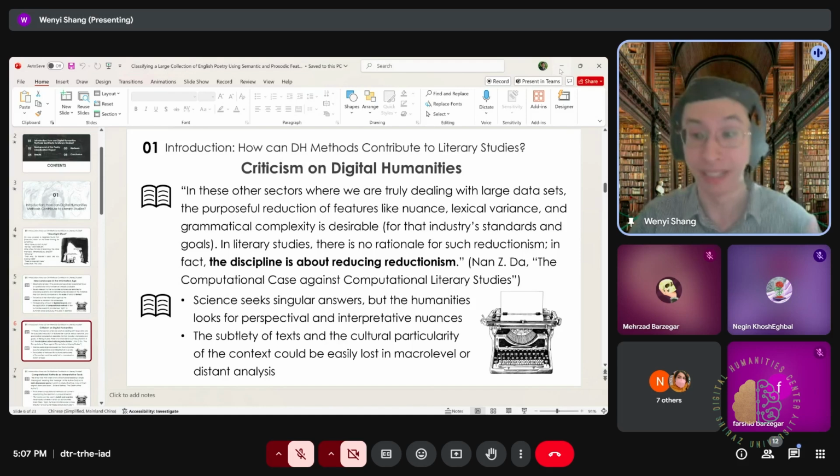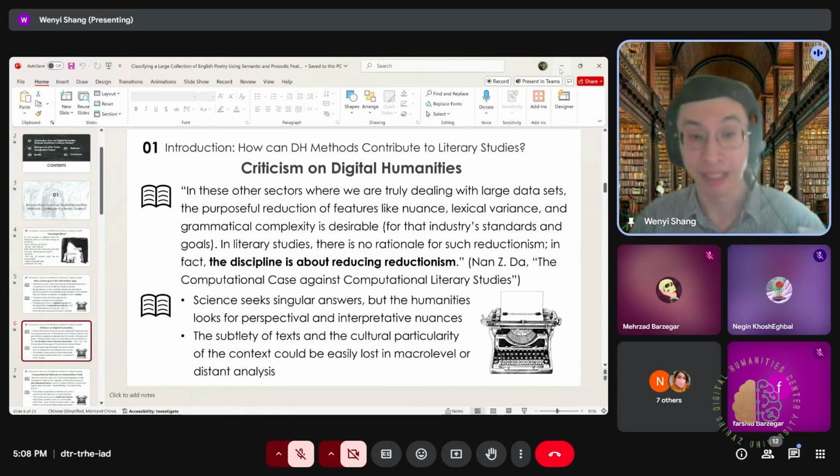So she argued we may not use computational methods because it will cause a loss in the thing that really matters. According to her and many other critics of digital humanities, the natural sciences seek singular answers, but the humanities, especially literary studies, look for perspectival and interpretive nuances.